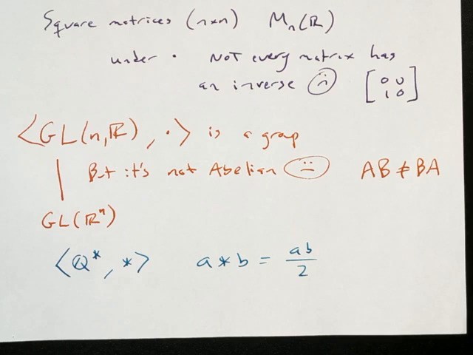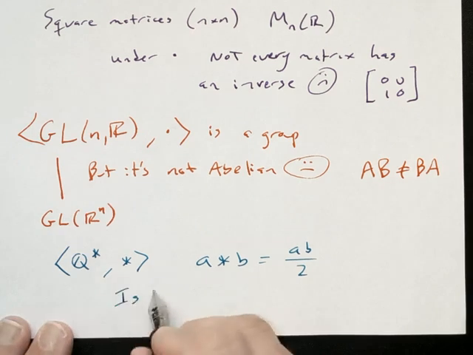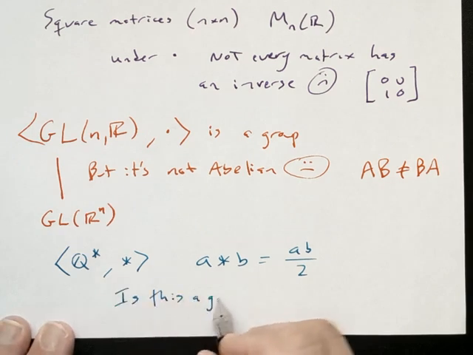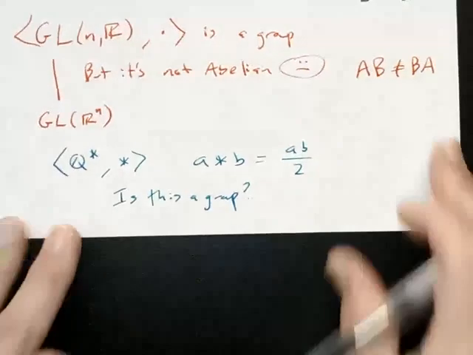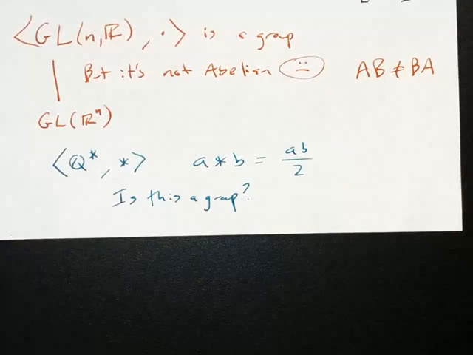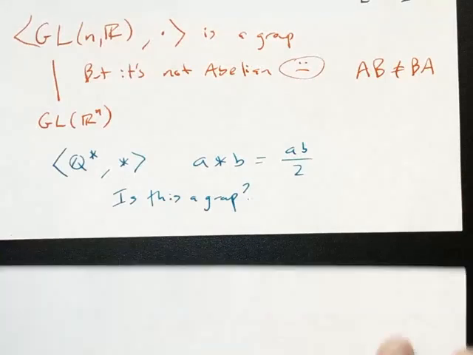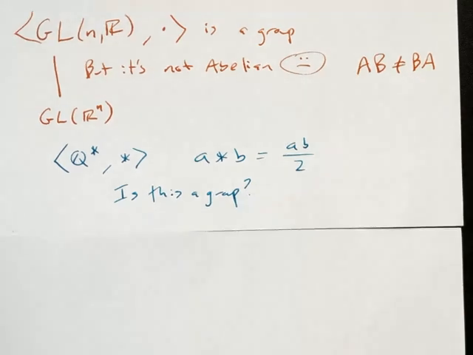Is this a group? Four questions. Here's another equation. Start at the top, property 0.